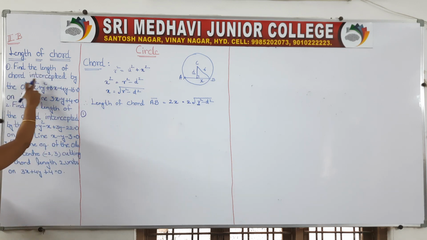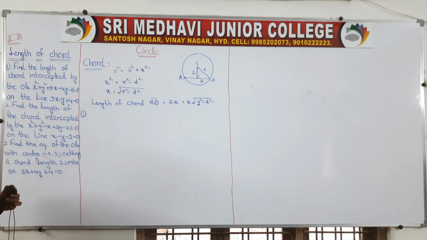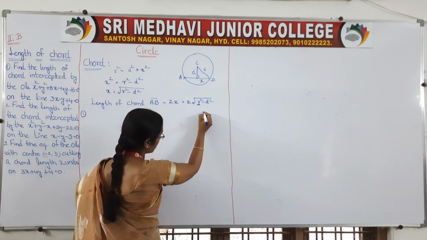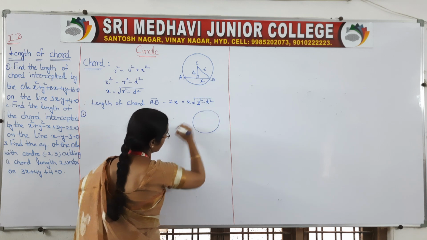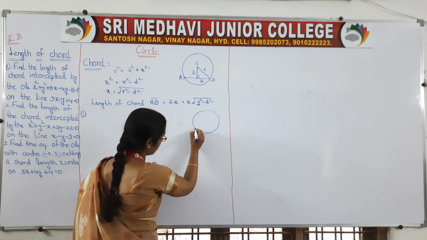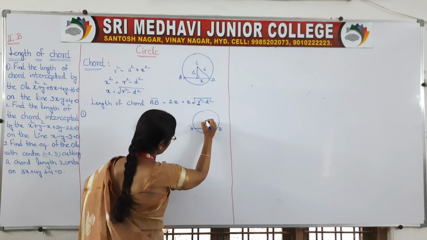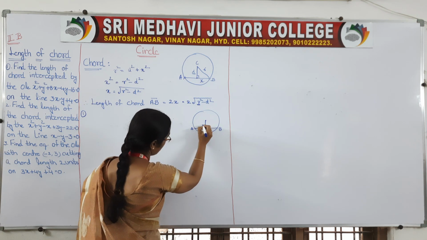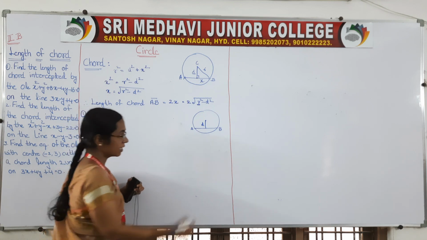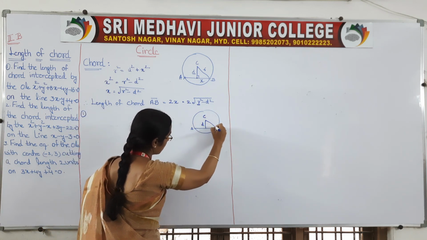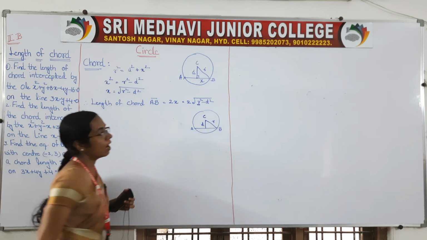Find the length of the chord intercepted by the circle on the line. So for all chord problems we have to draw this type of diagram. So circle, and this is your chord. From center to chord you draw perpendicular distance, that is d, and from center to that point, that is your r.